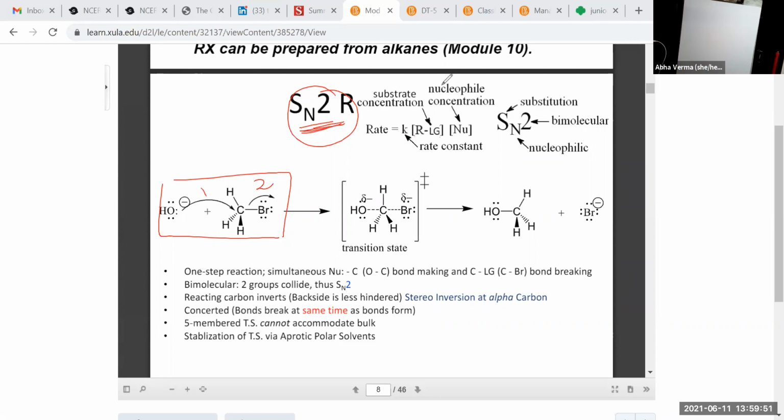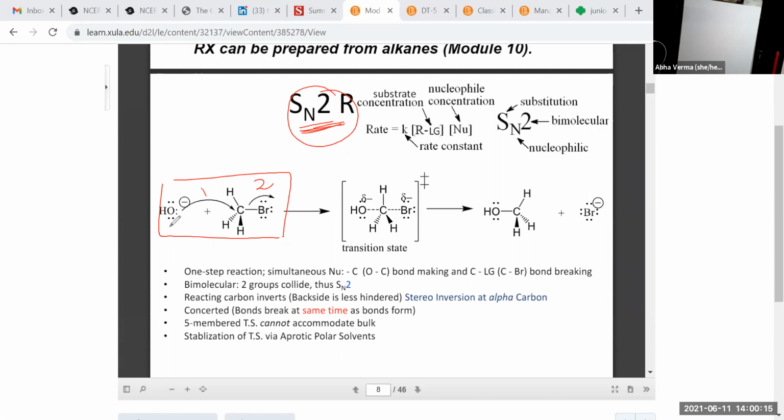And the rate determining step is evaluated by both your incoming nucleophile and the substrate that your nucleophile is attacking on. Any questions so far? What does concerted reaction step mean?